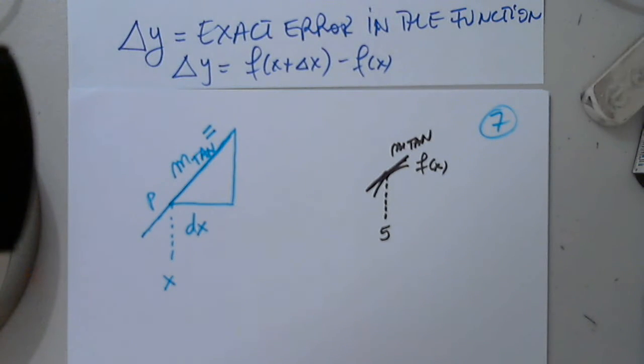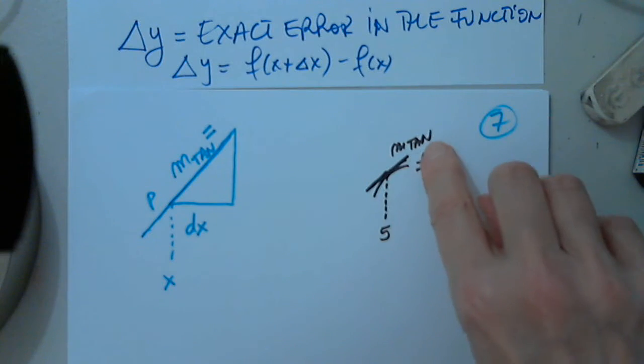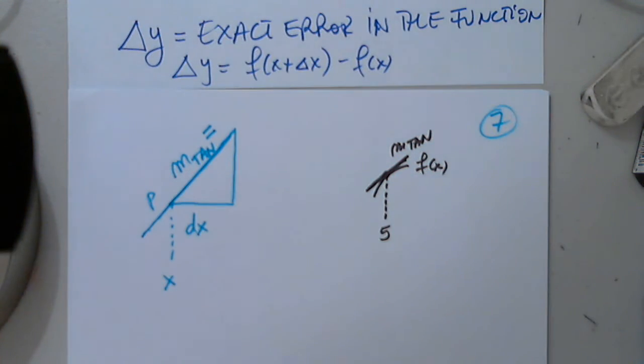We did it many times, and we also determined the equation of the tangent line. We did it many times. How did we determine the slope of this line? Anyone remembers how we determined the slope of the tangent line?